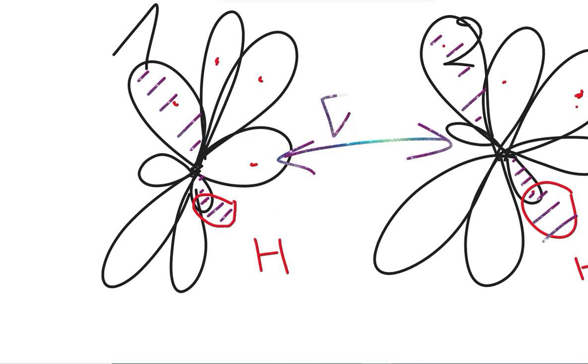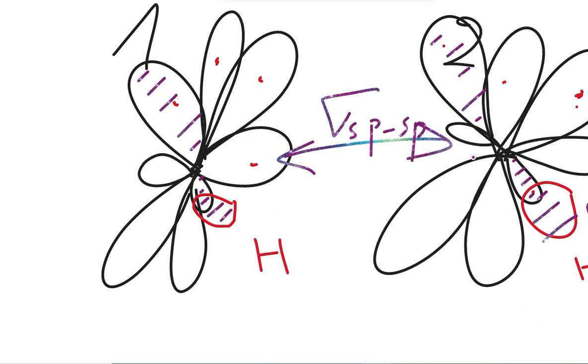So we have a sigma bond because it's coming from sp orbitals, right? sp, sp. And in this case, we have one sp-s sigma bond also, because the H is an s and the sp is coming from the carbon, the hybridized sp. So here we have single bonds.